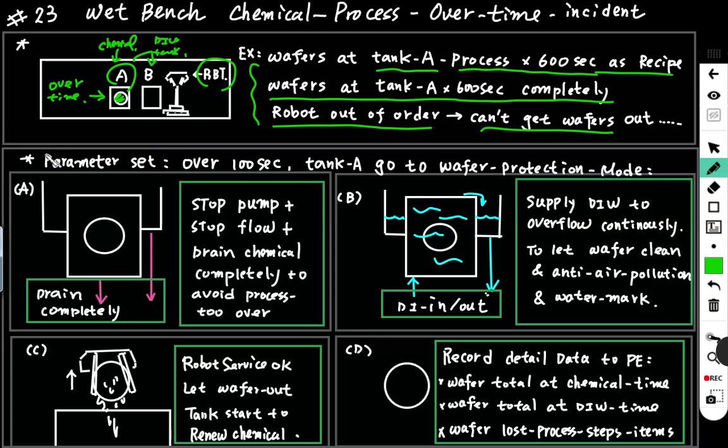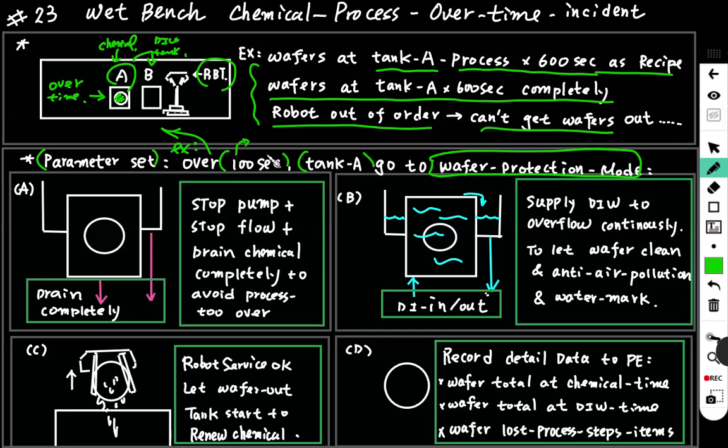And usually we have a parameter in the equipment setting. If overtime, for example, for this tank A, we set if overtime 100 seconds, tank A will go to wafer protect mode.